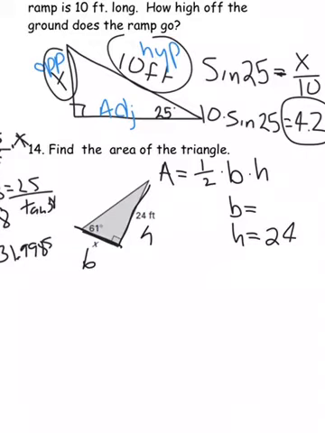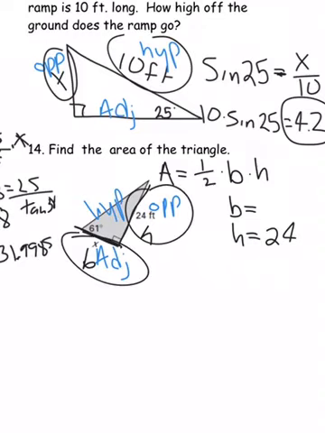As far as finding x from the 61, that's opposite, that's adjacent, that's hypotenuse. Obviously, I have those two for information. Opposite and adjacent is tangent. Tangent 61 equals the opposite 24 over adjacent x.